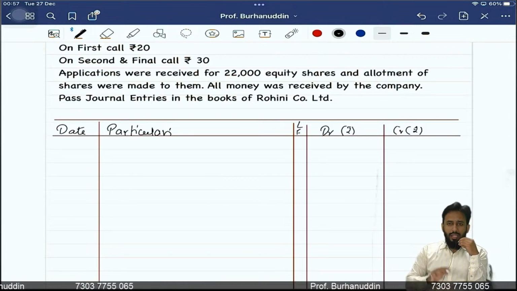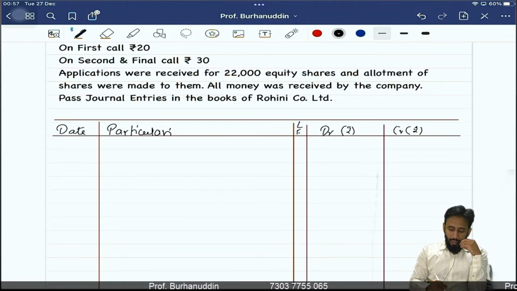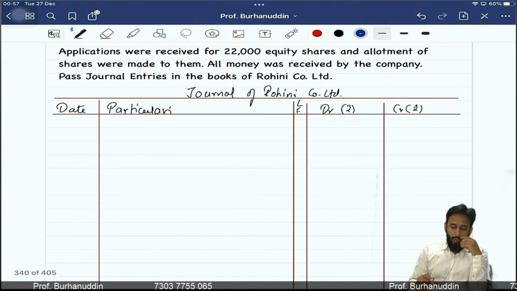Just for your understanding, I am going to write with the blue pen again in this question: application stage, transfer or receipt entry. In examination, you need not write this. It's just for your explanation. This is my journal of Rohini Company Limited.